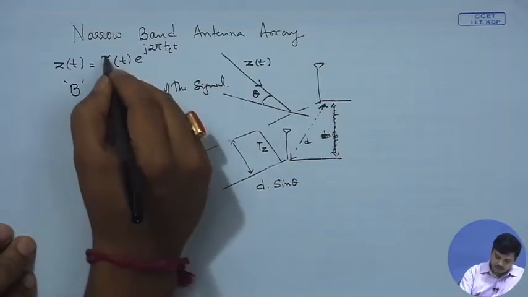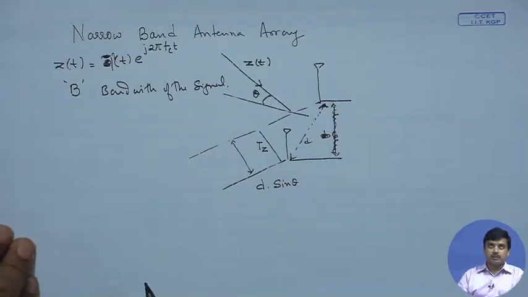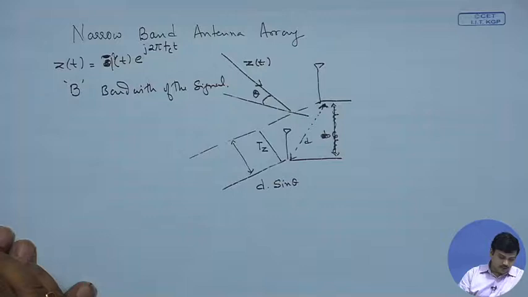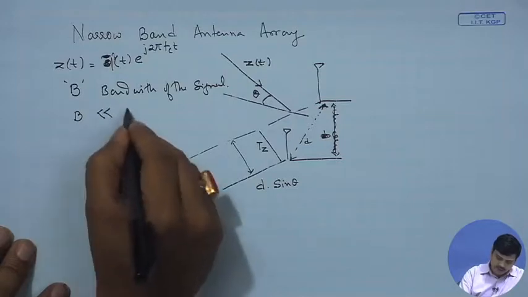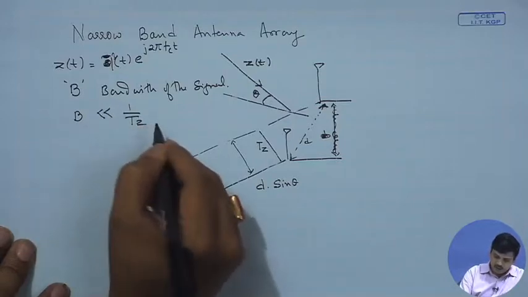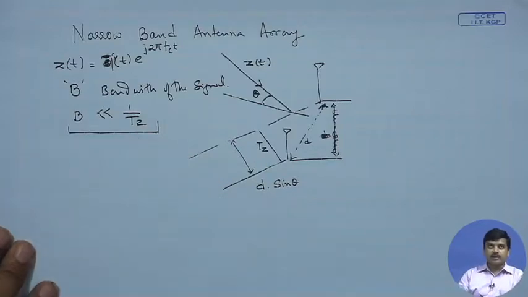In some cases you could also write it as beta of t times e to the power of j 2 pi f c t. So, if b is the bandwidth of the signal, what the narrowband antenna array assumption says is that b is much less than 1 by Tz. This is the narrowband antenna array assumption.